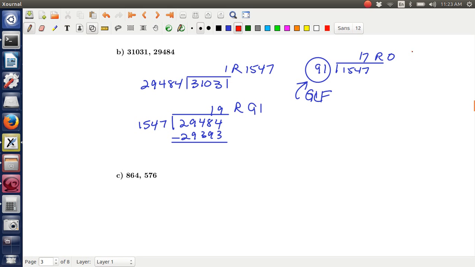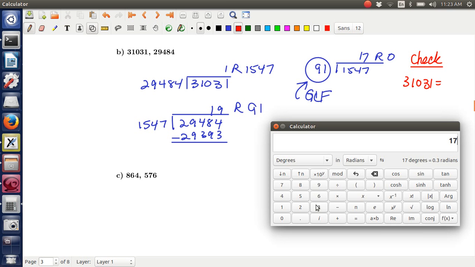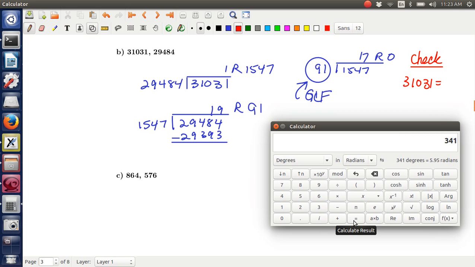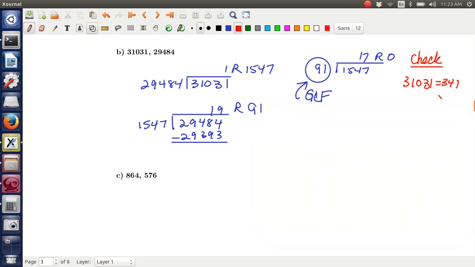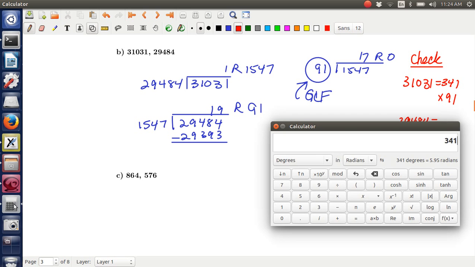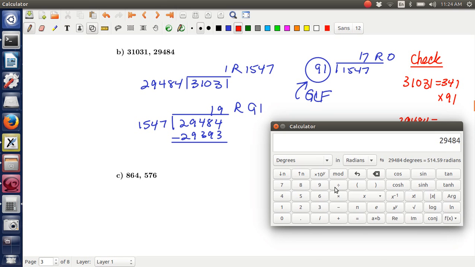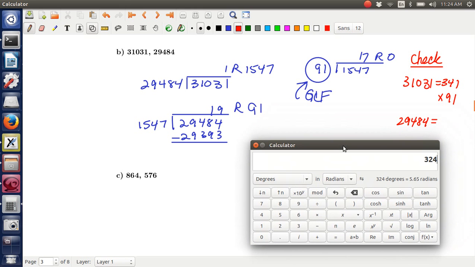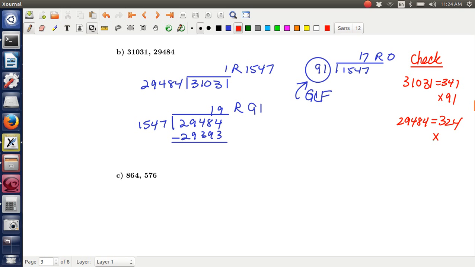Okay, and then we want to do a little check here. Again, it's a sanity check. 31031 is equal to 341 times 91, and 29484 divided by 91 gives us 324, so 324 times 91.